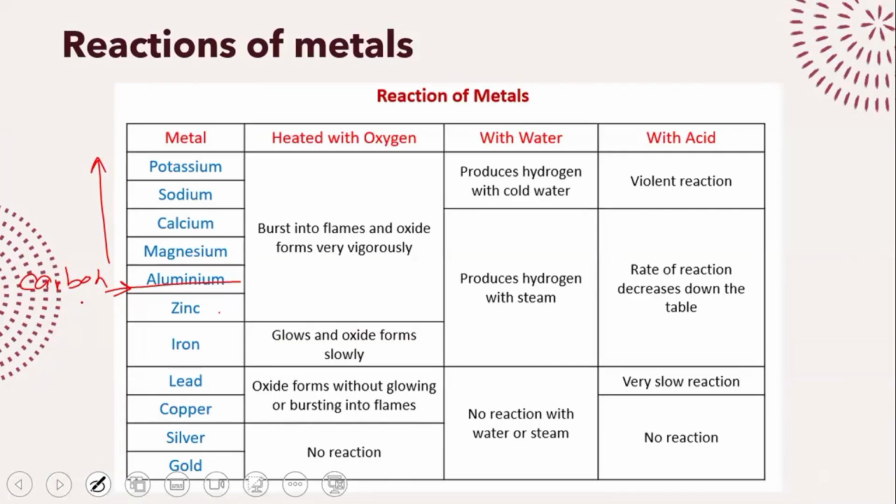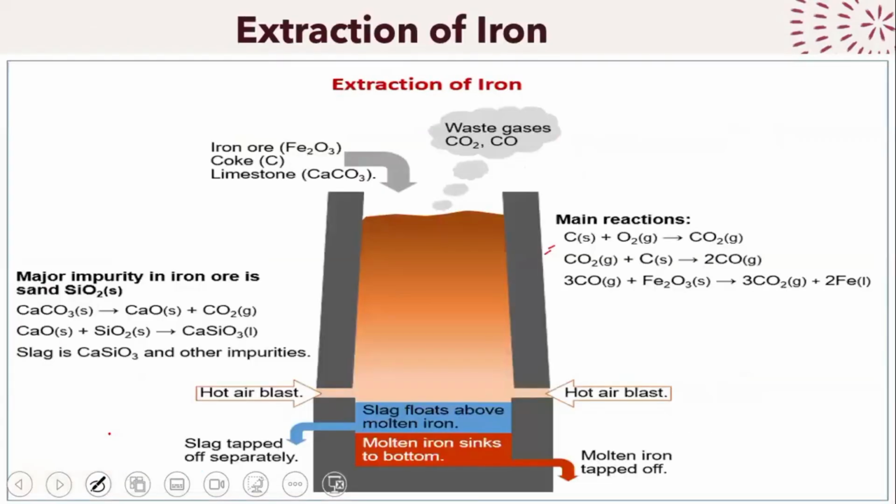Even though electrolysis is an expensive method, I need a huge amount of electricity to do electrolysis. It's super costly. But I have no option. Why? Because these metals are more reactive than carbon. So if I want to extract any of these metals, I will have to go for electrolysis. Those metals that lie below carbon in the reactivity series, we can extract them with the help of carbon.